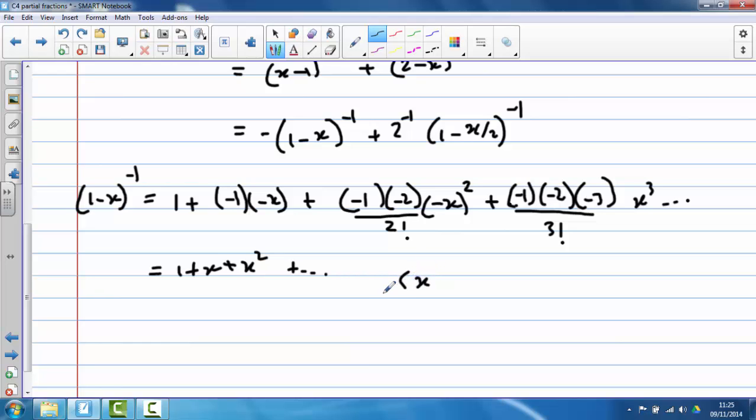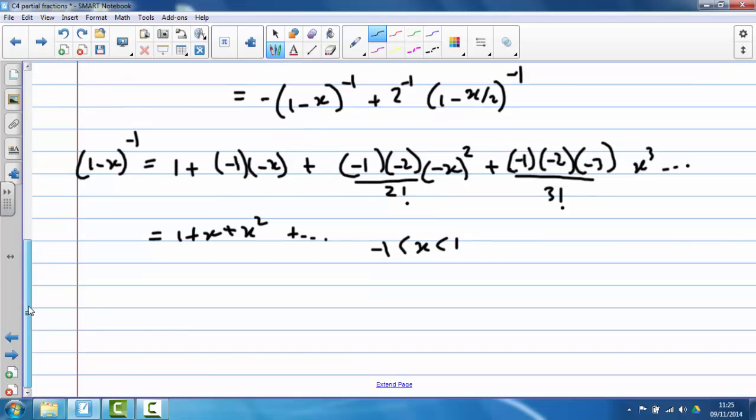We know it's valid for x greater than minus 1 and less than 1.